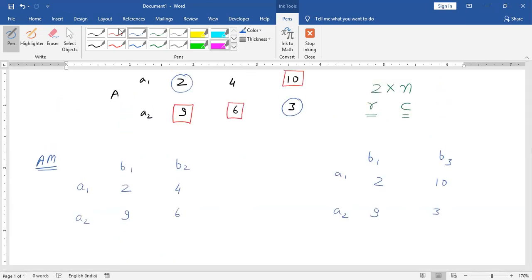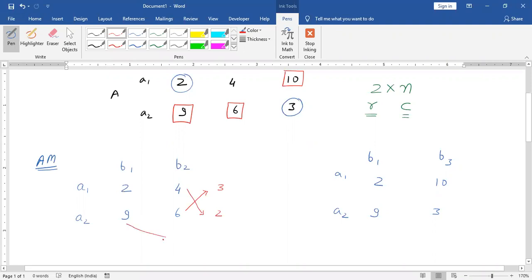Now we are going to calculate the value of the game for each combination. How will we calculate the value of the game? First, we find the difference between 9 and 6. The difference is 3. The difference between 2 and 4 is 2. The difference between 9 and 2 is 7. The difference between 6 and 4 is 2. We check the totals: one is 5 and the other is 9.